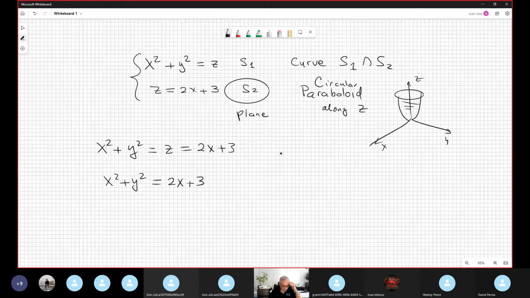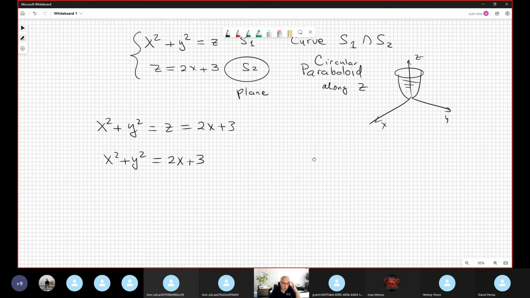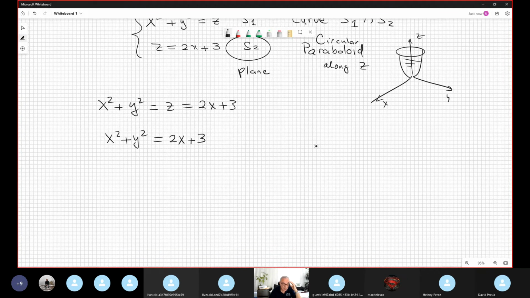Every example is different, and you try to manipulate this like that. Look, this is x squared minus x plus box, plus y squared equals 3 plus box. And the complete square here is obviously 1/4. Then x minus 1/2 squared plus y squared equals 13/4.